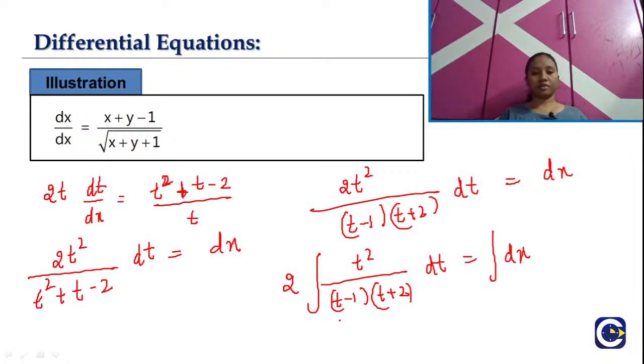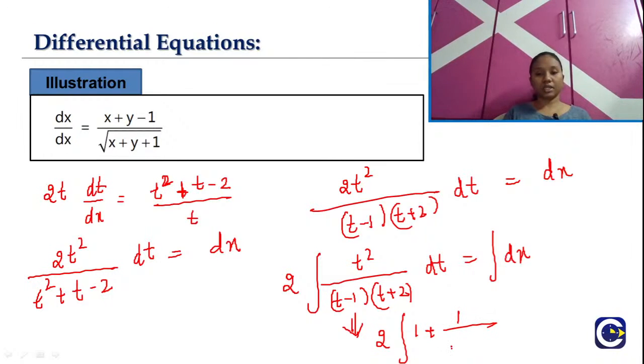If you do the partial fractions, you end up having the result to be, so I'm just writing the integration steps here, 1 minus 1 plus 1 by 3 into t minus 1 minus 4 times 3 into t plus 2.